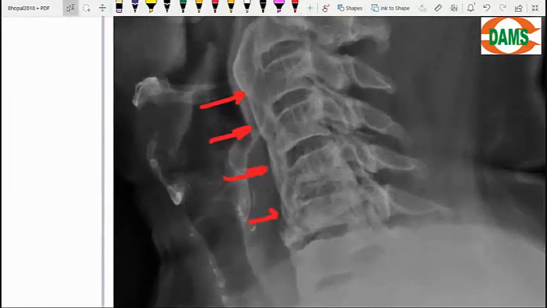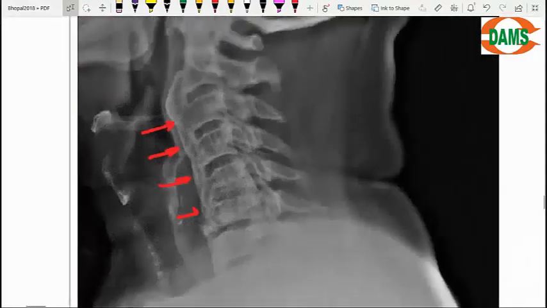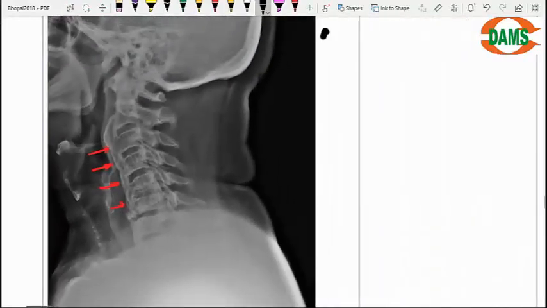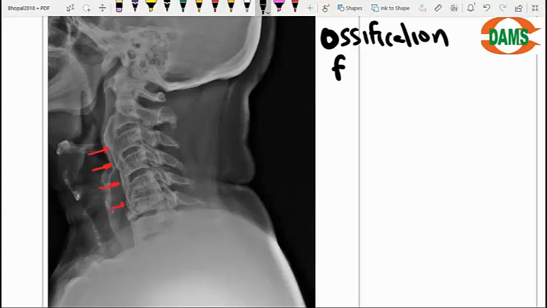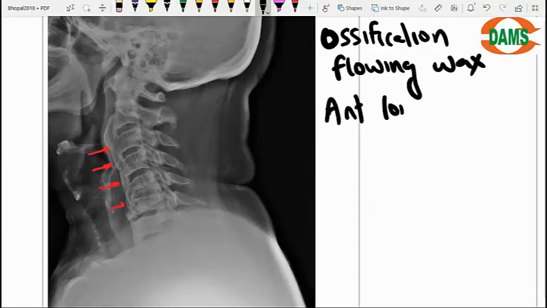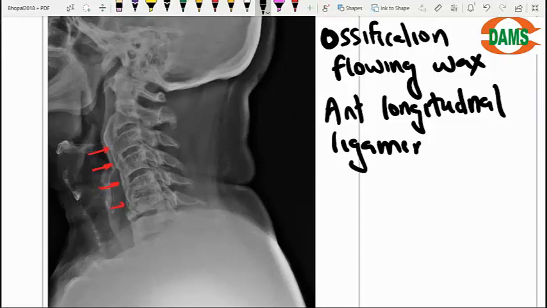Syndesmophytes were thin, of the outer disc fibers, this is thick. So what is this? This is flowing wax ossification of anterior longitudinal ligament. So everybody got it wrong other than our students in this year's AIIMS exam.